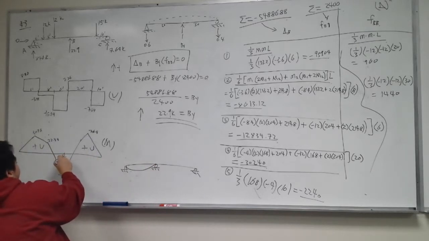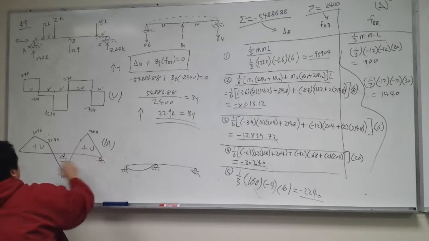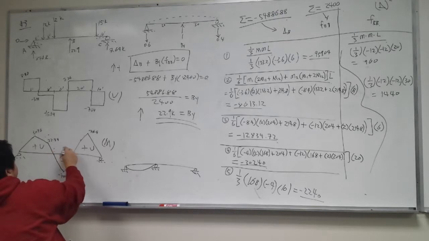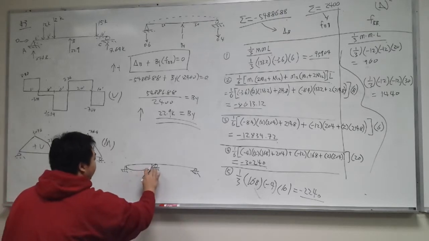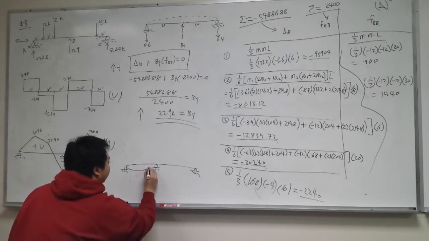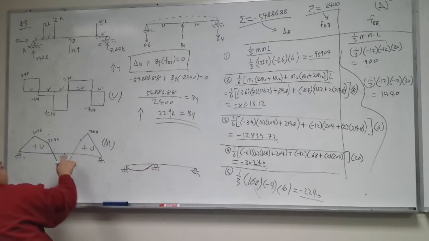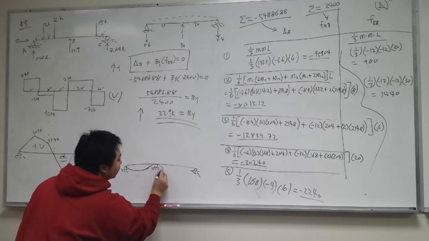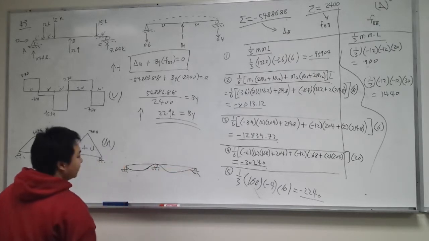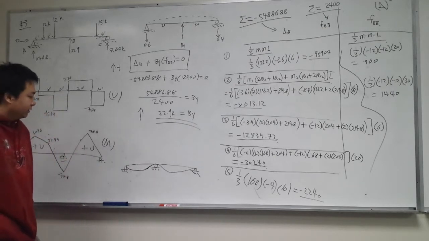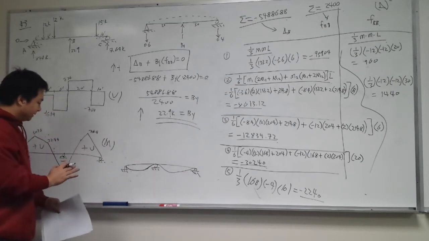And this is your support. This point is sad face. So at this point, you start being sad face. It's going to be smile face, then becomes sad face, and here sad face, then turn smile face, like that. So we're done with number 3. So that's it.